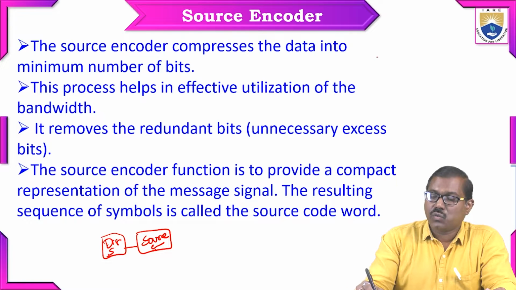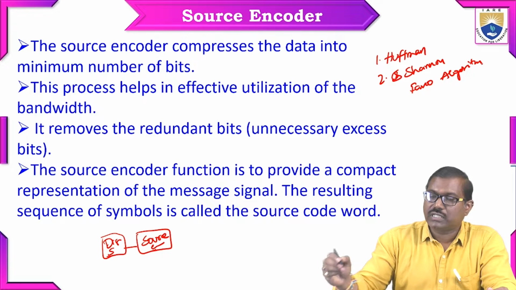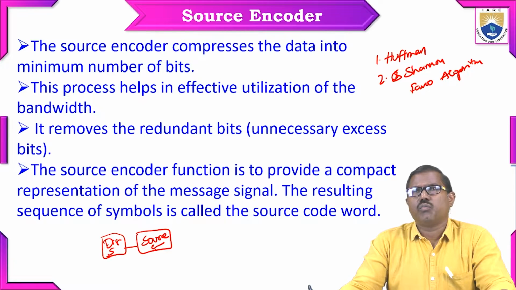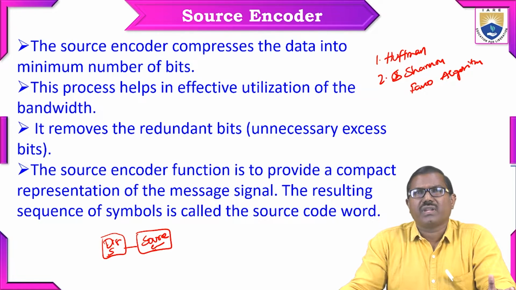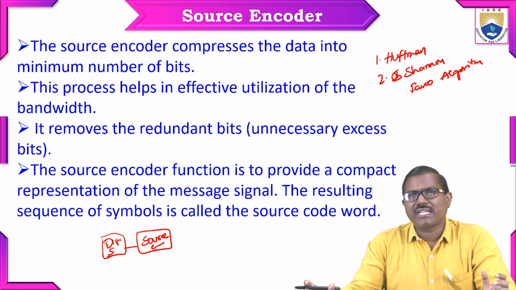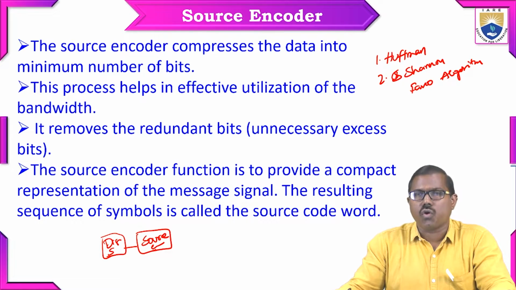One is Huffman coding, and the second one is the Shannon-Fano algorithm. By using these two algorithms, we remove the redundant bits. Now, the output of the source encoder is an efficient code. That code is called the source code word.